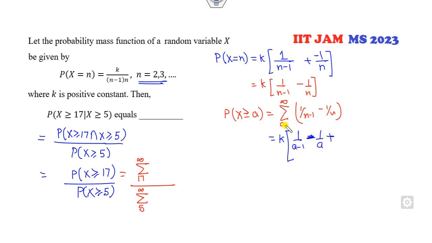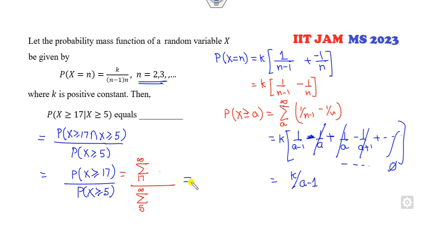After that a plus 1, because they are discrete numbers. So 1 over a plus 1 and so on. Last term is infinity. So you can see all the terms are cancelled. The only term is k over a minus 1. So what is the right answer of this? a is 17 and a is 5. So 5 over 16 is the right answer of the problem.